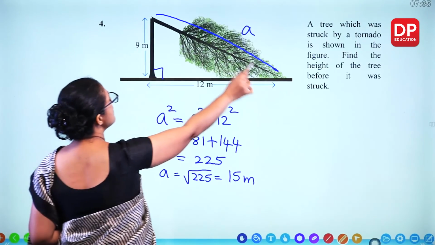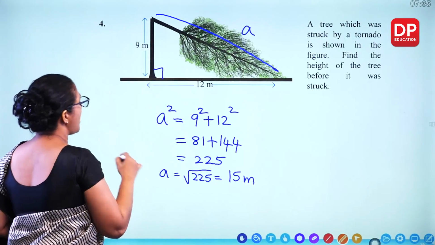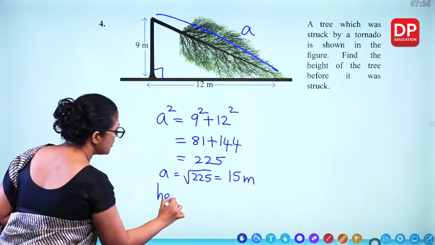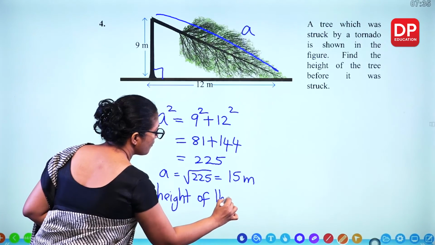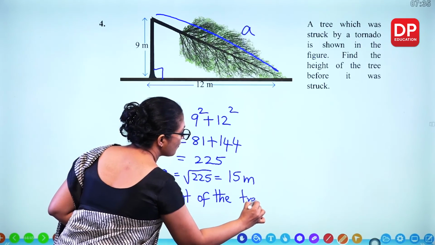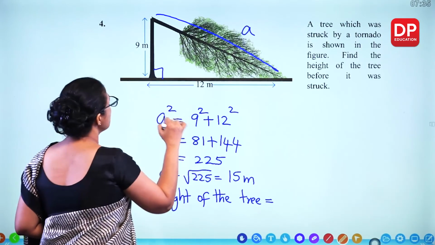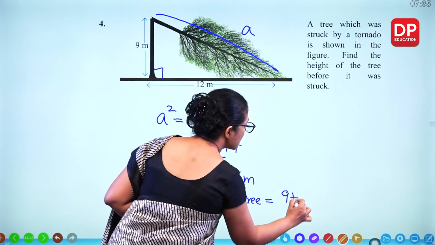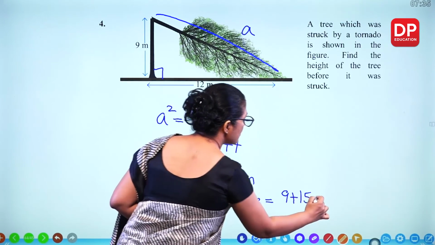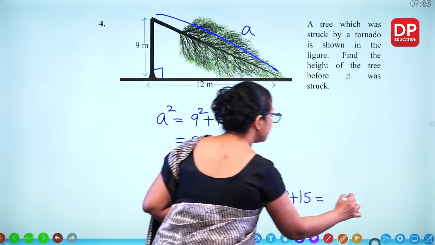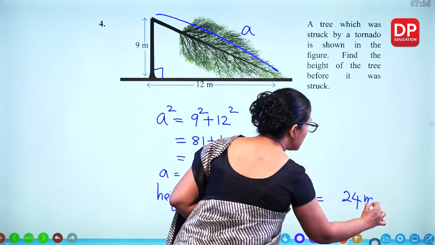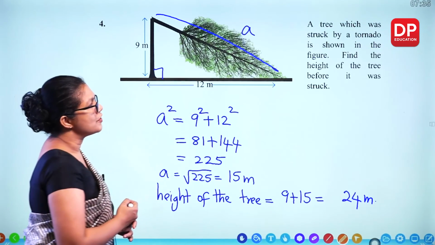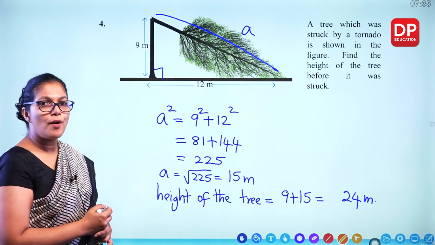So this is 15 and this is 9. Height of the tree is 9 plus 15. So what's 9 plus 15? 24 meters. So the height of the tree is 24 meters.